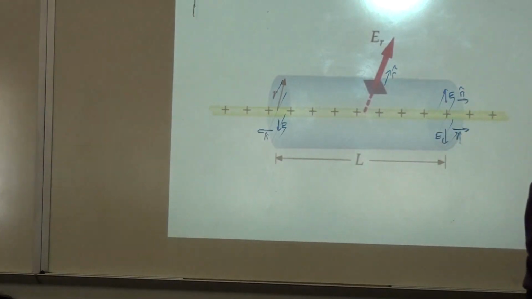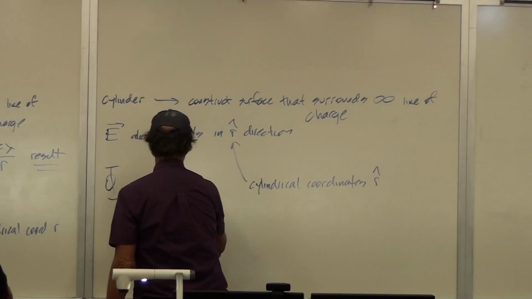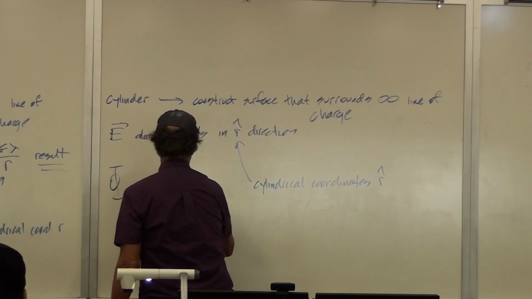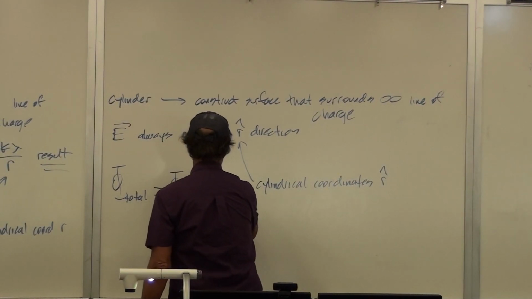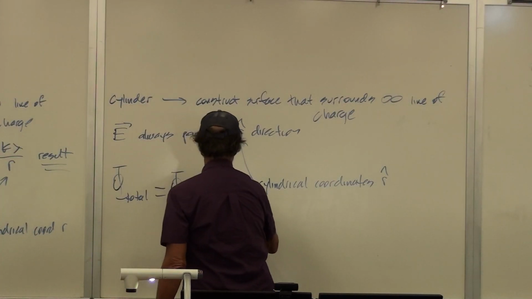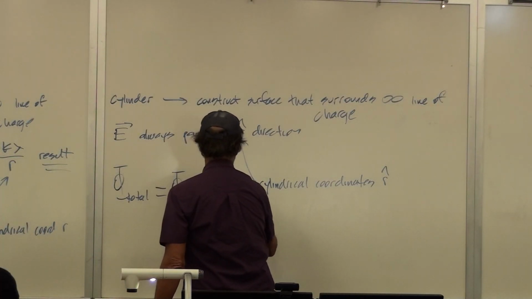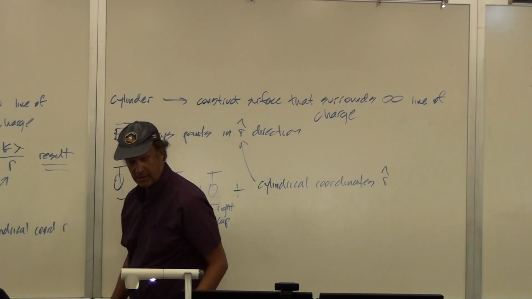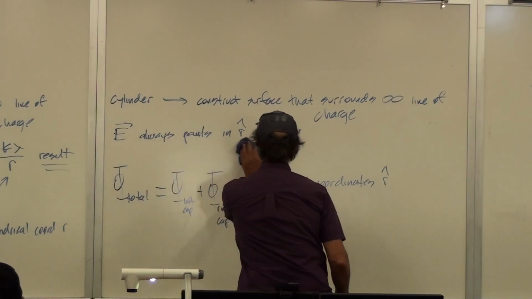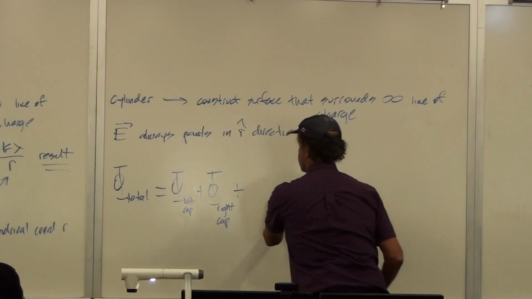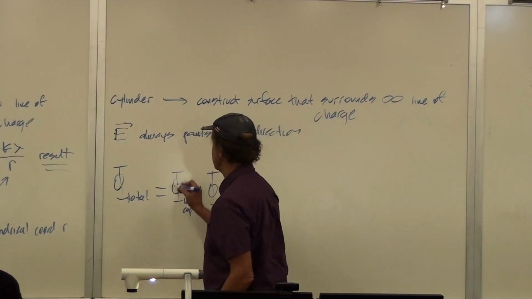So we'll set this up as psi total is psi over the left end cap plus psi over the right end cap plus psi over the walls. And the only one that's going to contribute is psi over the walls. Because remember, it's got to be a closed surface.